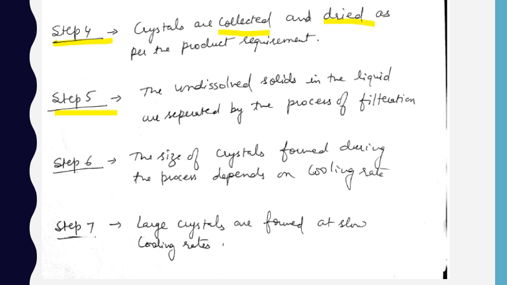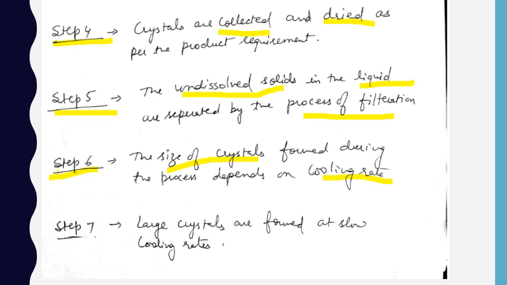Step 5, the undissolved solids. In the liquid, if some undissolved solids remain, they are separated out by the process of filtration. Then step 6, the size of the crystals we have produced always depends on the cooling rate.